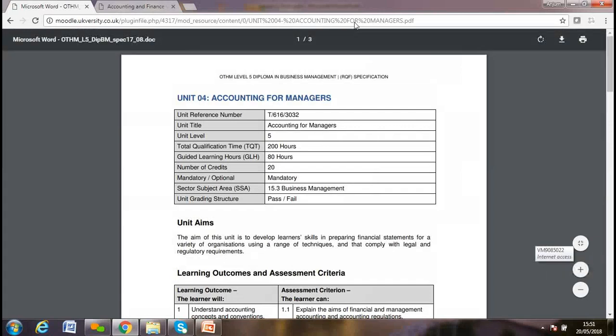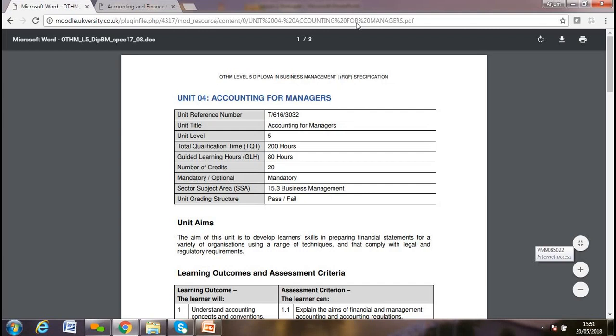Okay, so that's all for today. Just a recap: we learned about the difference between financial management and financial accounting. Which one is internal and which one is external? Financial accounting is external, well done, and financial management is internal.